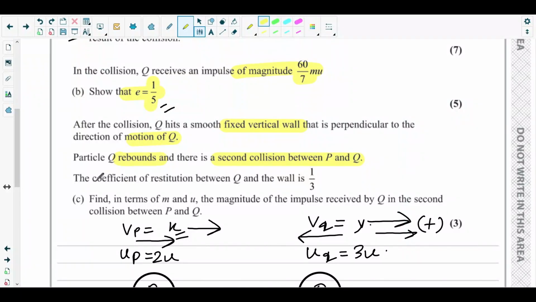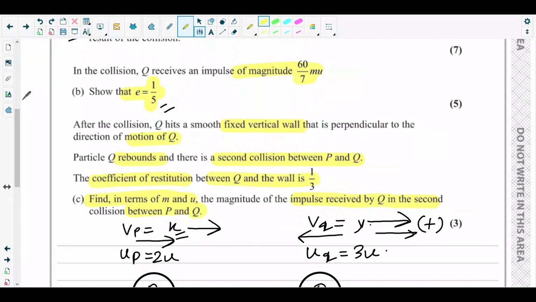The coefficient of restitution between particle Q and the wall is 1 over 3. So part C here is asking to find, in terms of m and u, the magnitude of the impulse received by the particle Q in the second collision between P and Q.